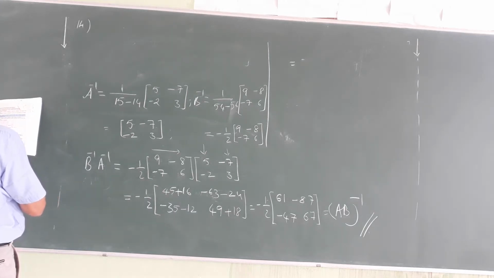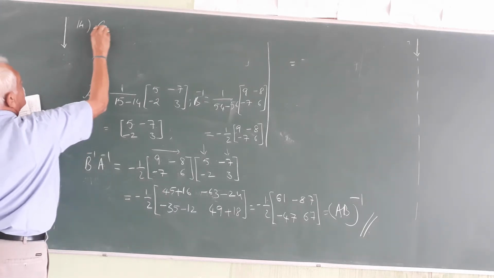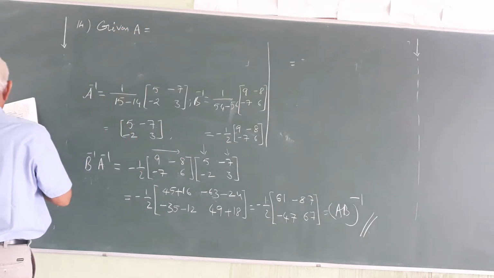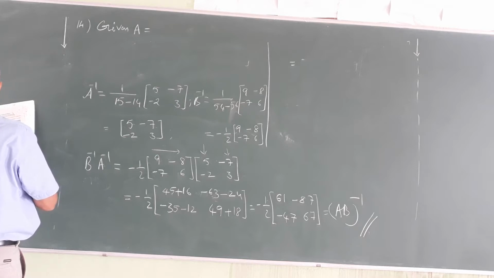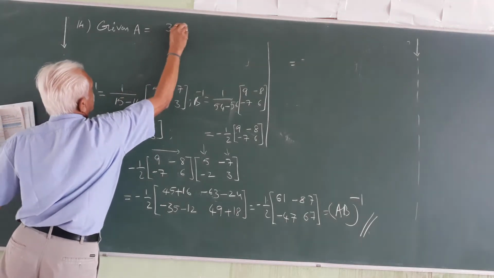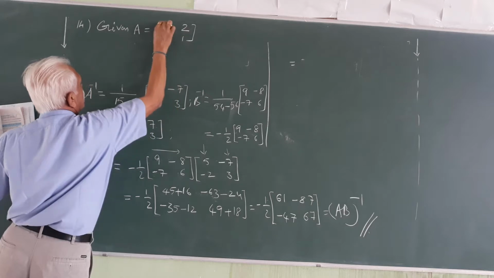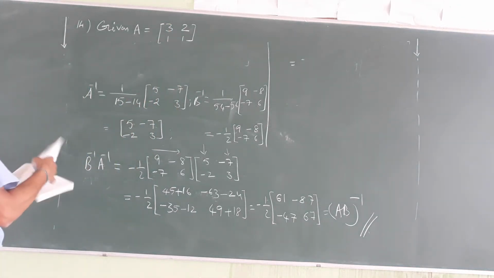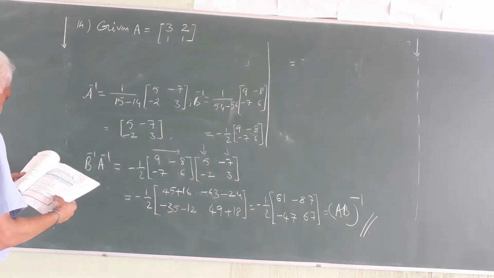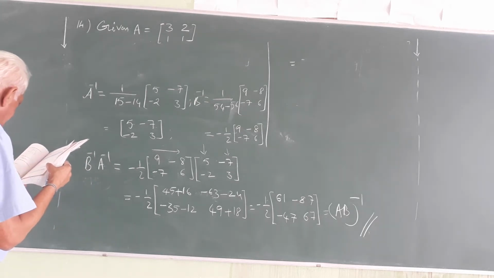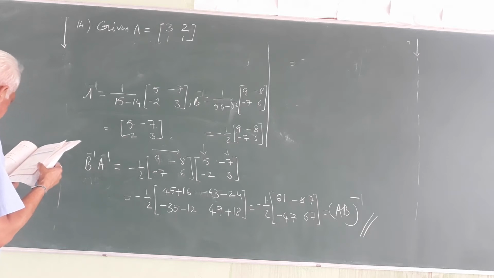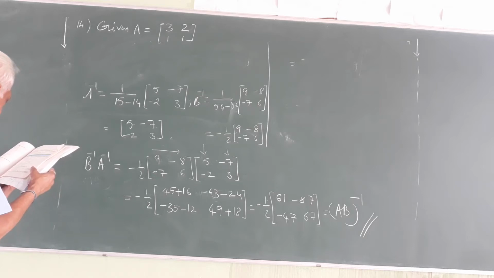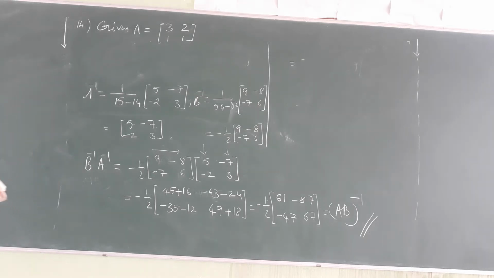For the matrix A equal to [3, 2; 1, 1], find the numbers a and b such that A square plus aA plus bI is equal to O.